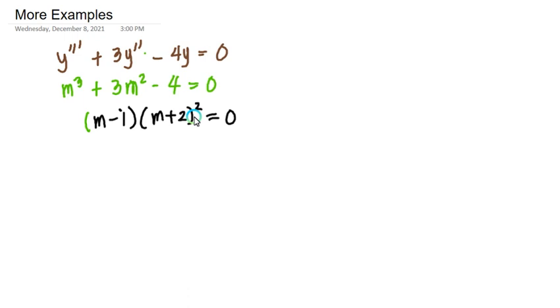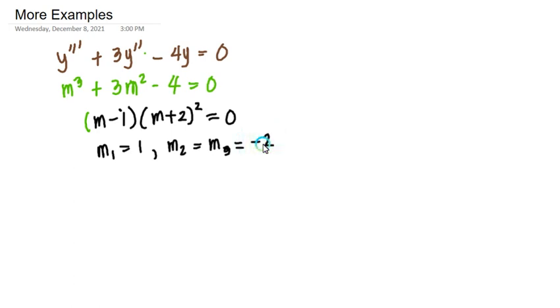So, that means our m1 is equal to 1, and m2 is equal to m3, which is equal to negative 2.